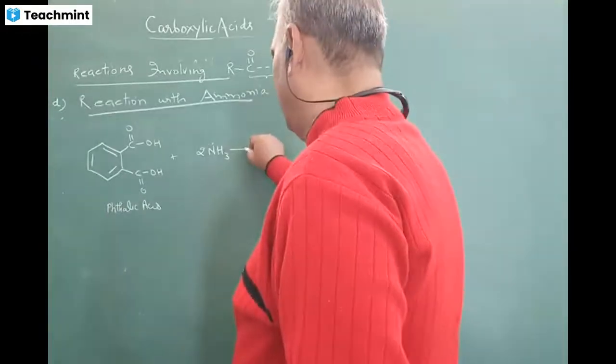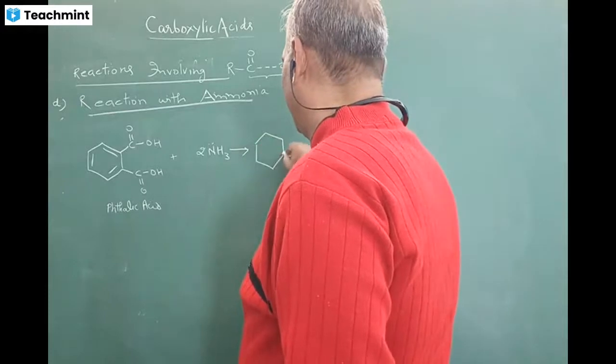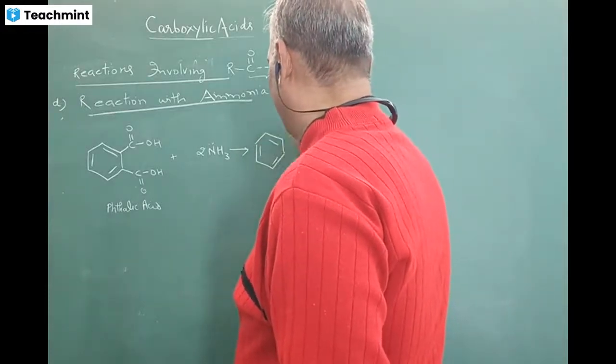This is benzoic acid, and if at ortho position one more COOH is substituted, then it is called phthalic acid. When phthalic acid is subjected to ammonolysis, we are using two molecules of ammonia. In a similar way, both need H positive, and this phthalic acid will get converted into ammonium phthalate.